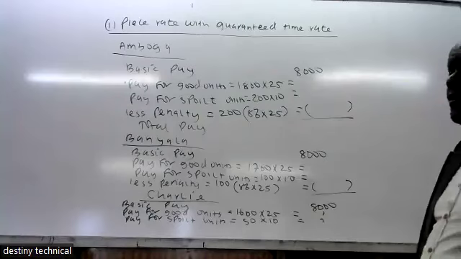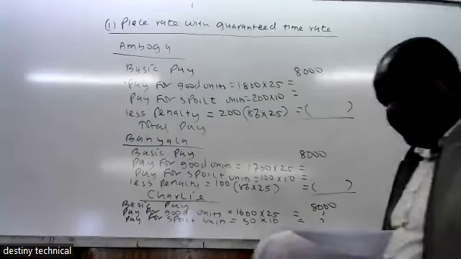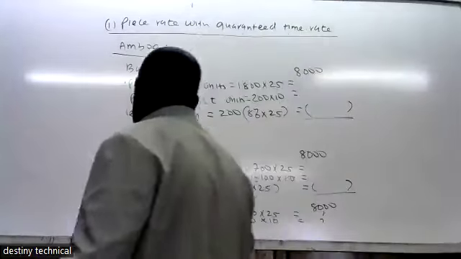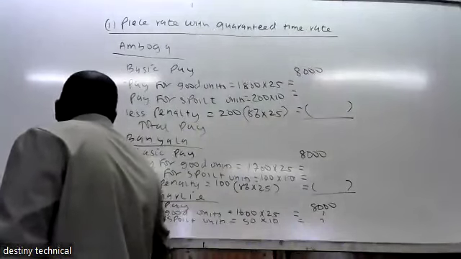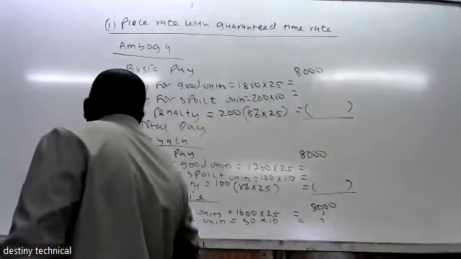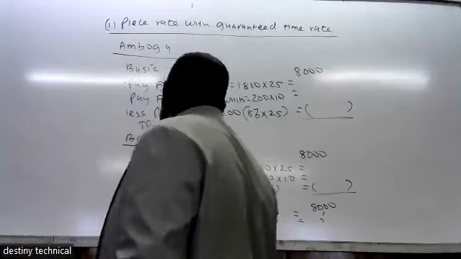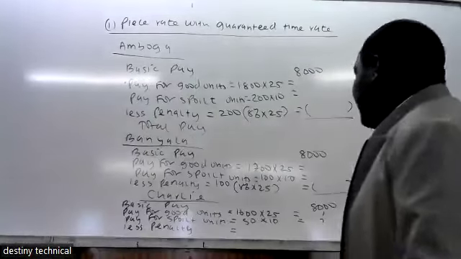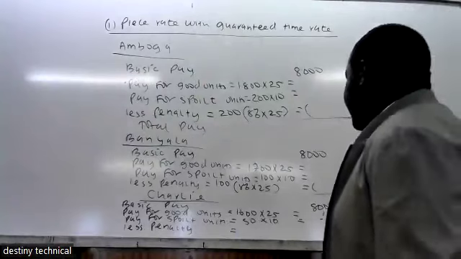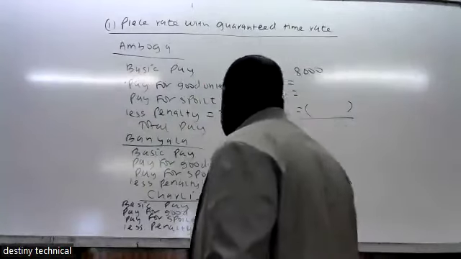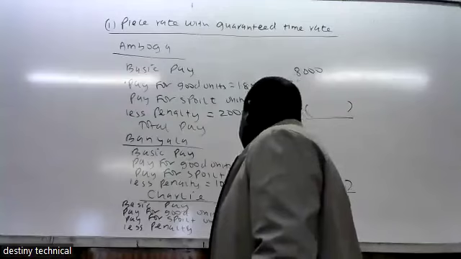Then now you also less the penalty. You also subtract the penalty. So for the penalty, it is on the spoiled.